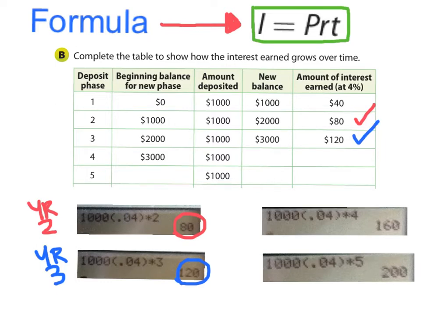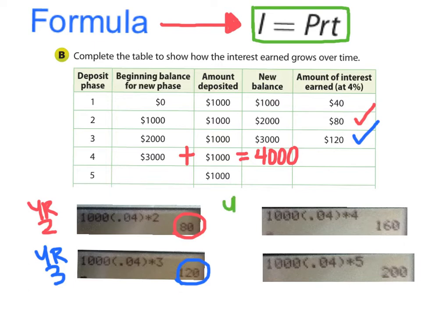Now, if we have to keep filling out this chart, the next row says at the starting of year 4, he has $3,000. He adds a deposit of $1,000. Now he has $4,000 in his bank account. We want to find out how much interest he earned during that 4th year.